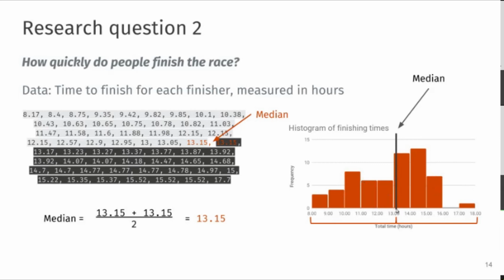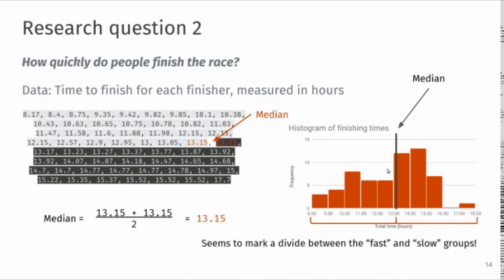And here, with a slight abuse of the x-axis, the 13.15 would be somewhere around there. And so, an interesting thing that we've gotten out of this median is that it actually does seem to mark a divide between a fast group and a slow group.